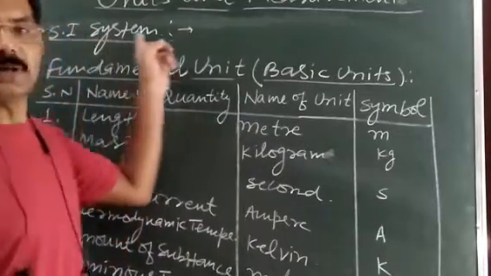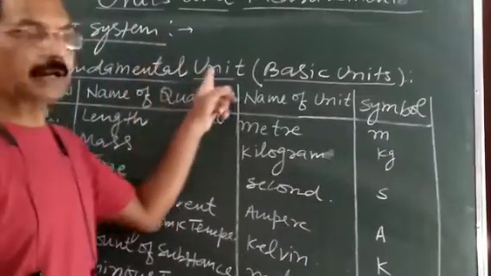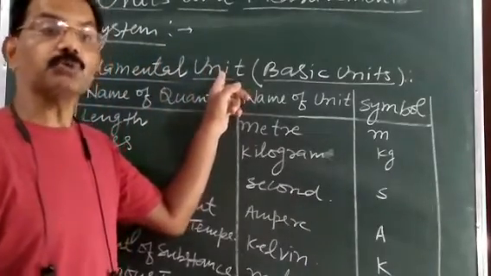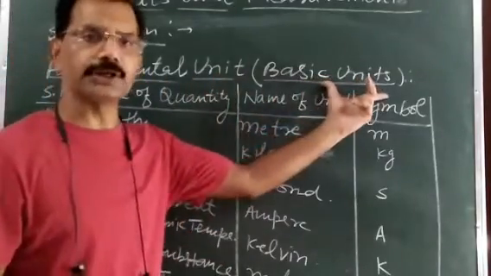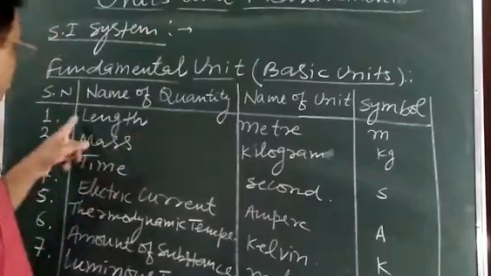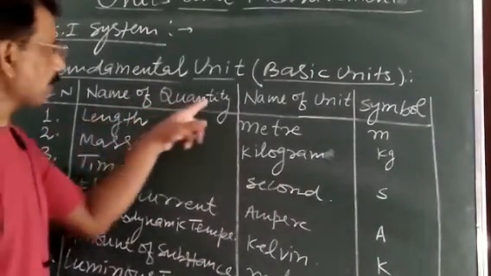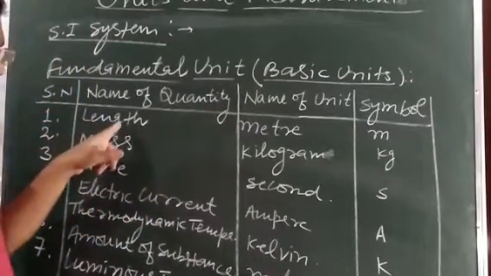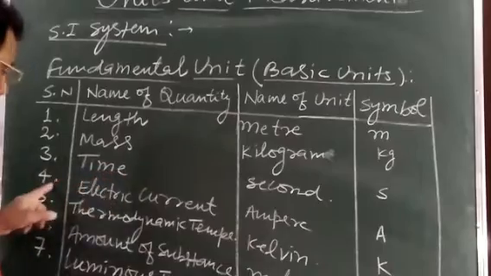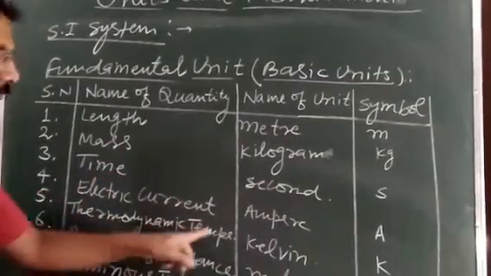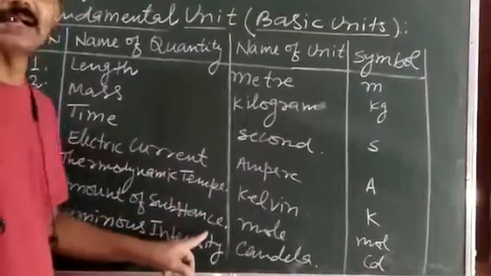Now, the System International consists of fundamental units with two supplementary units. The fundamental unit is also called the basic unit, and there are seven of them. What are the names of these fundamental quantities? First, length, mass, time, electric current, thermodynamic temperature, amount of substance, and luminous intensity.